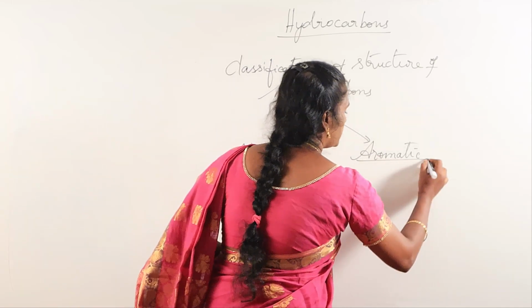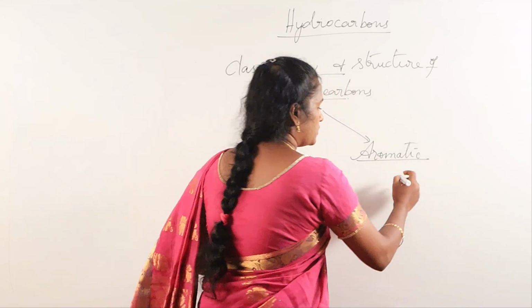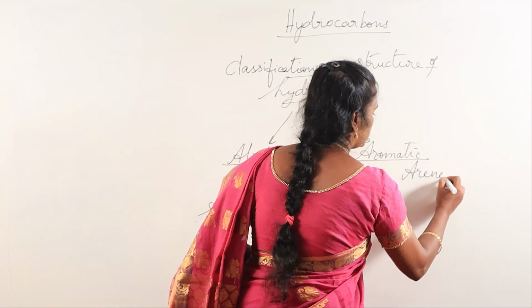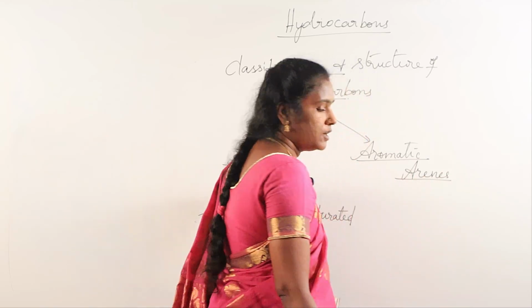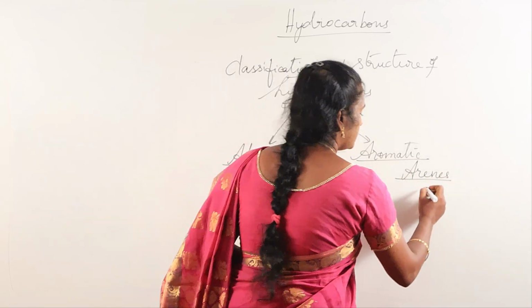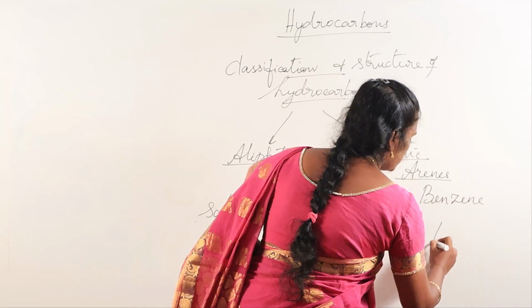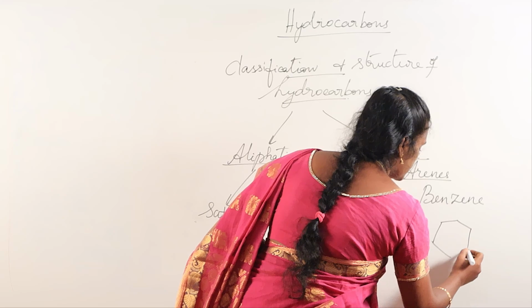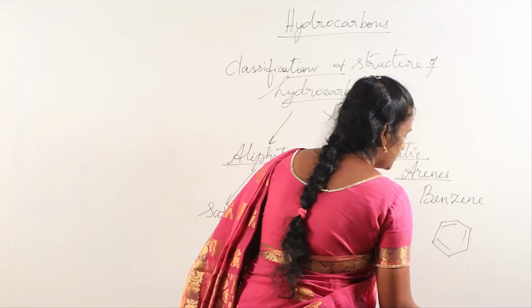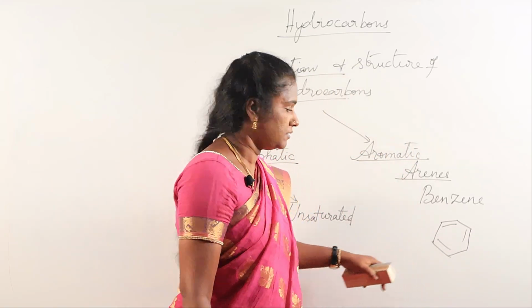These aromatic hydrocarbons are otherwise known as arenes. The best example for aromatic hydrocarbons is benzene. You know, the structure for benzene is this. This is the structure for benzene.